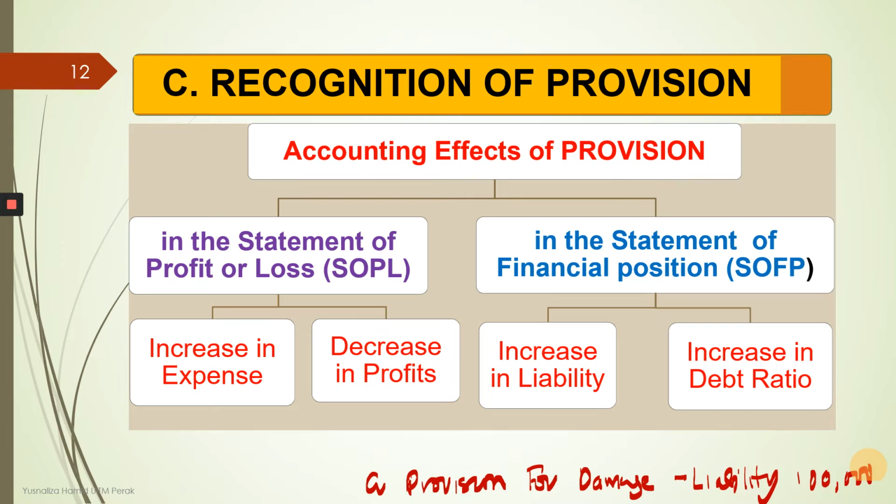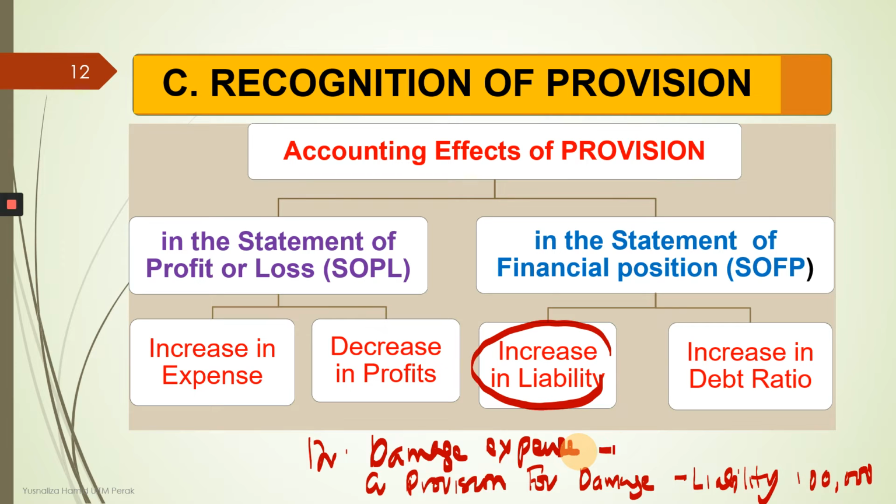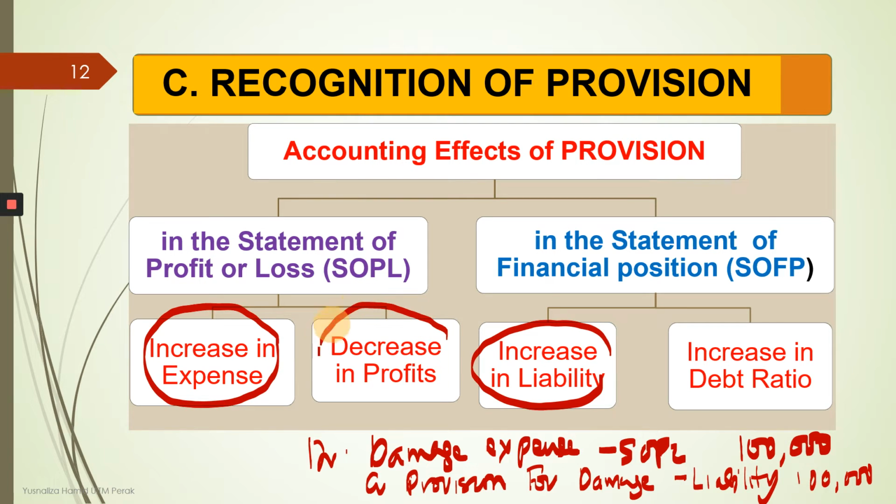We estimate that. So there is already an increase in liability because of that credit transaction. And the debit would be to the damage expense. Damage expense will normally appear in the SOPL. Let's say another 100,000. So when you debit the damage expense, there is an increase in expense. When there is an increase in expense, there is a decrease in profit. And when there is an increase in liability, that ratio will also go up or increase.